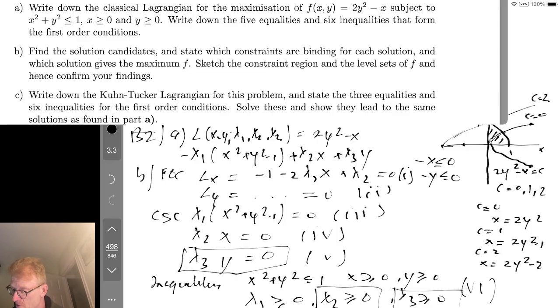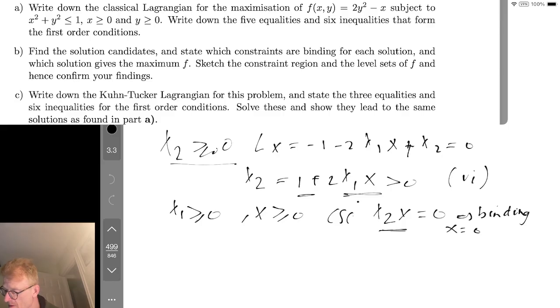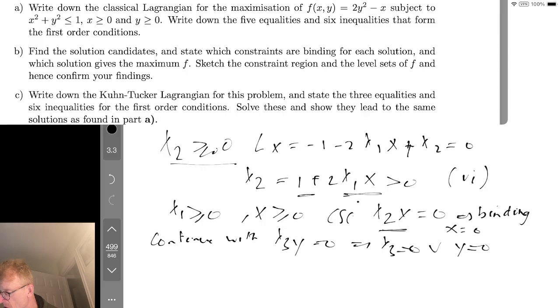You also still need to solve that one: it gives you that y is 0 or lambda 3 is 0, and you need to split that up. So continue with lambda 3 times y is 0, which splits into lambda 3 is 0 or y is 0, which you need to consider separately, given that you already know x is 0.